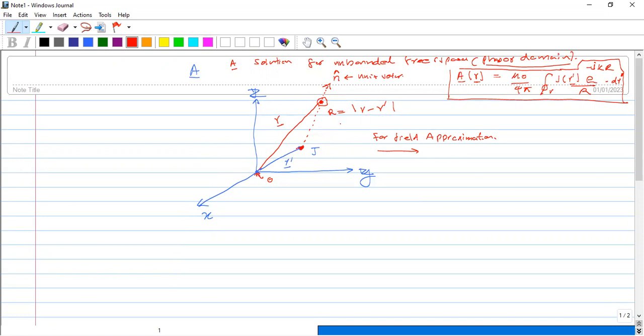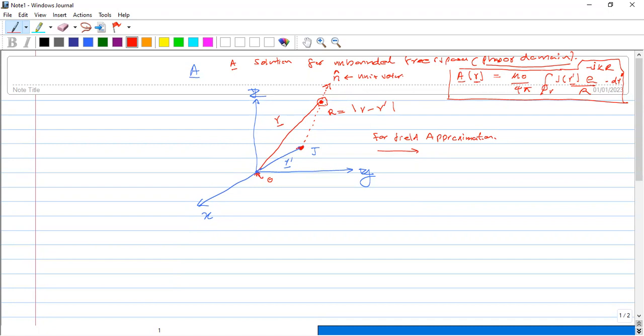This is the point where we consider this magnetic vector potential solution in phasor domain, and that position is very far away from this current distribution.